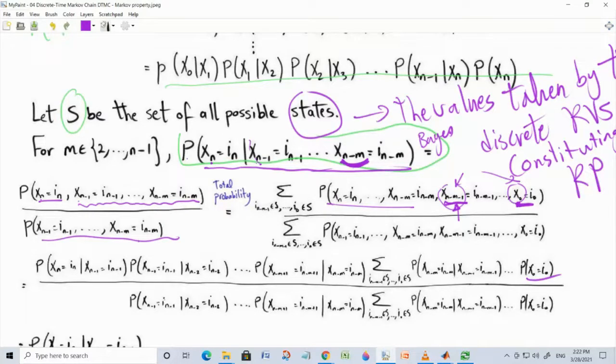You can do this in the numerator and denominator because you are assuming a Markov process, specifically a discrete-time Markov chain. Then you compare the numerator and denominator, and they are exactly the same. There is just one extra term in the numerator, which is this guy here.